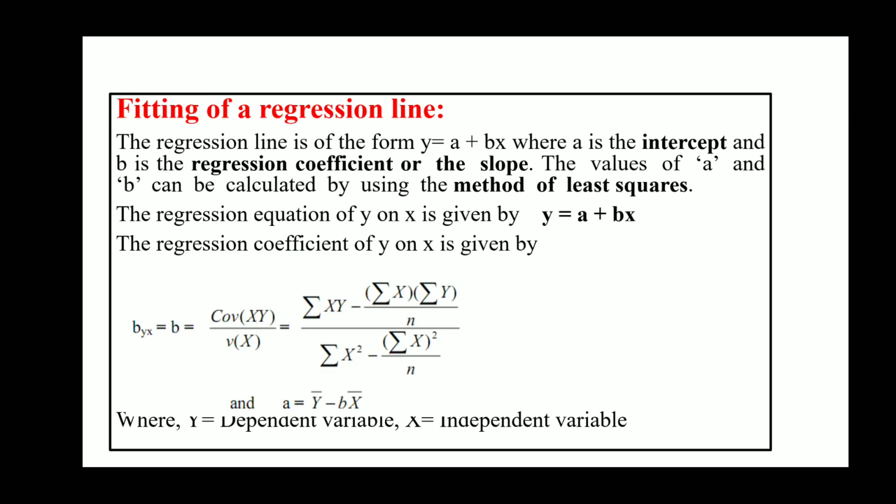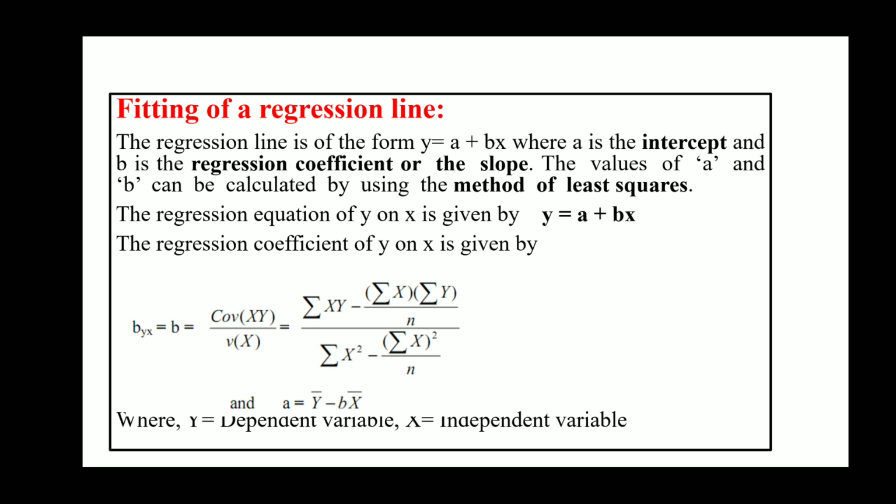Now we know what regression is and what the regression line is. Now we should know how to draw a line. Drawing a line is also known as fitting a line.